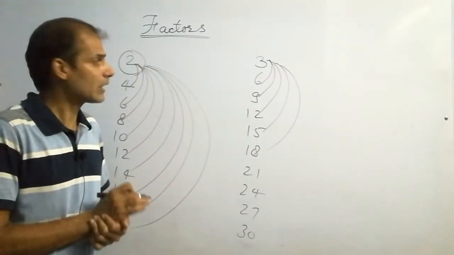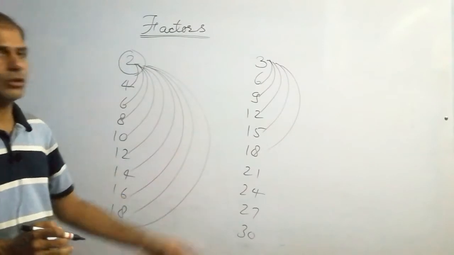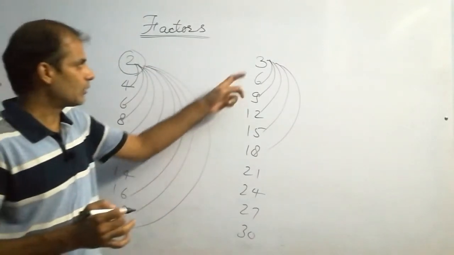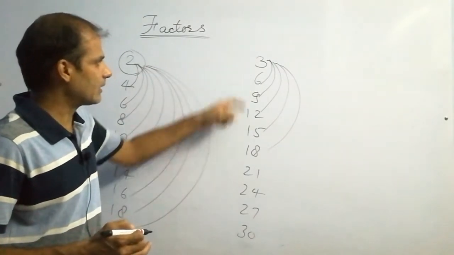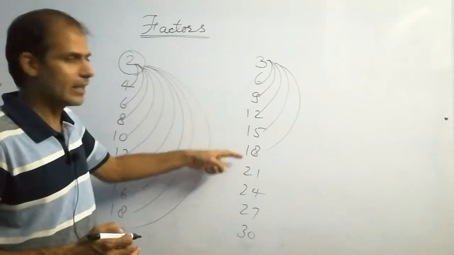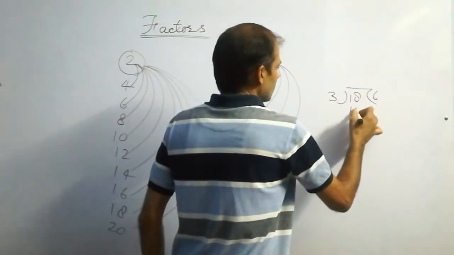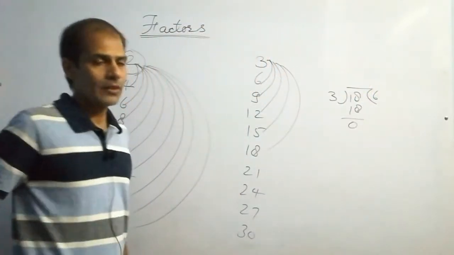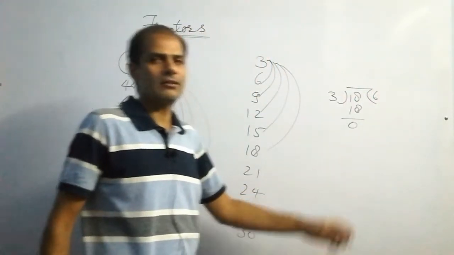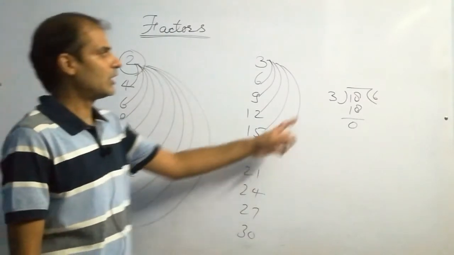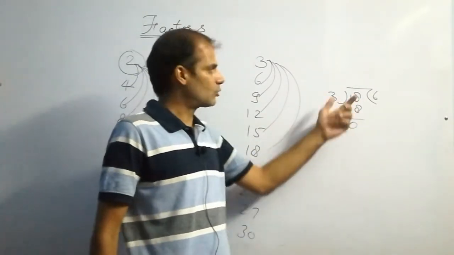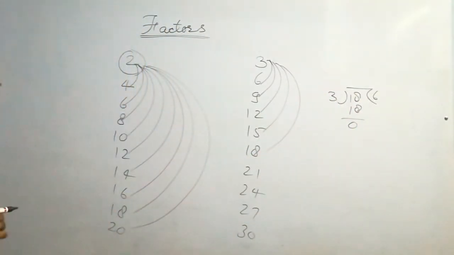We can also say 3 is the exact divisor of these numbers. Suppose you want to check the division of 18 by 3: 3 sixes are 18, so 3 will divide 18 and the remainder is 0. It means 3 is the exact divisor of 18, so 3 is a factor of 18. In this way you can check for any number. So note this thing.